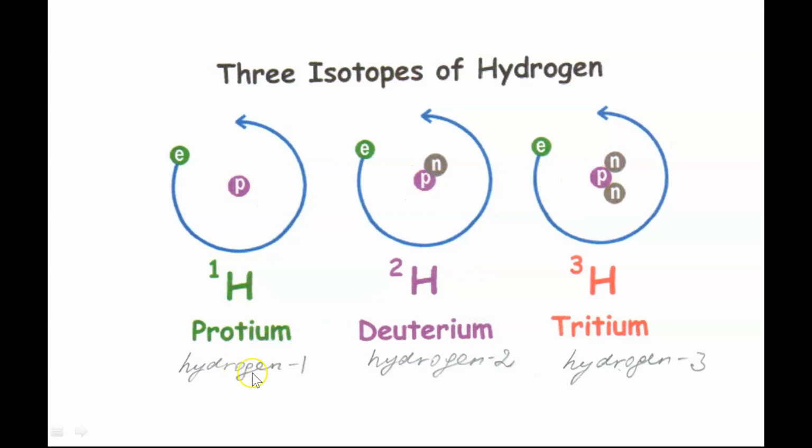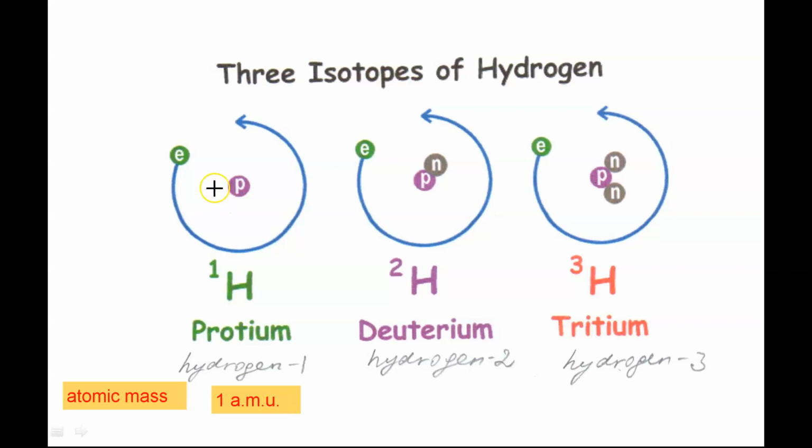Well, protium or hydrogen 1 has no neutrons, right? So what does it mean here? What is going to be the atomic mass of protium? So maybe let's write it down. The atomic mass of protium is going to be 1 atomic mass unit, or 1 Dalton, right?